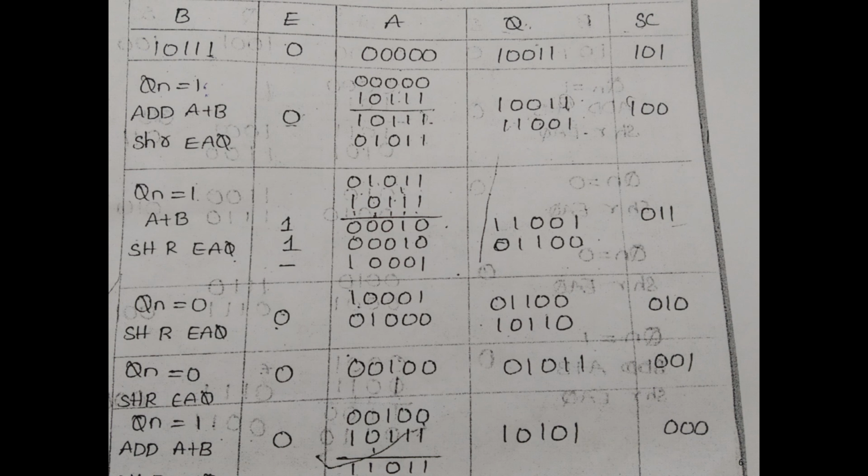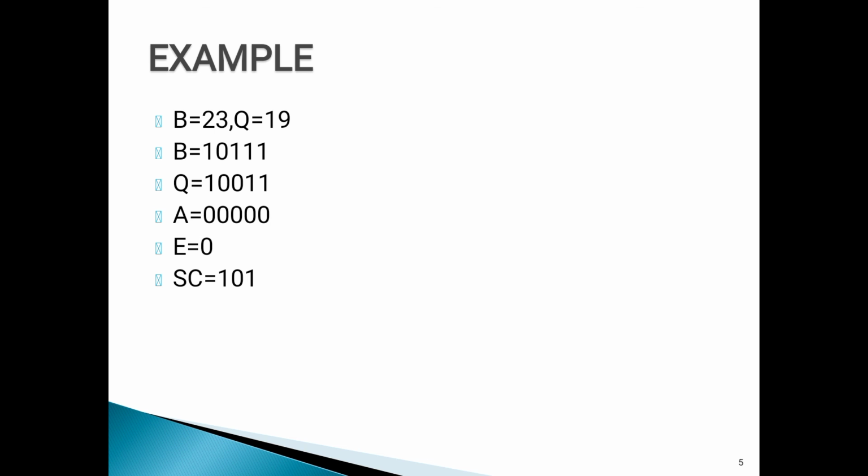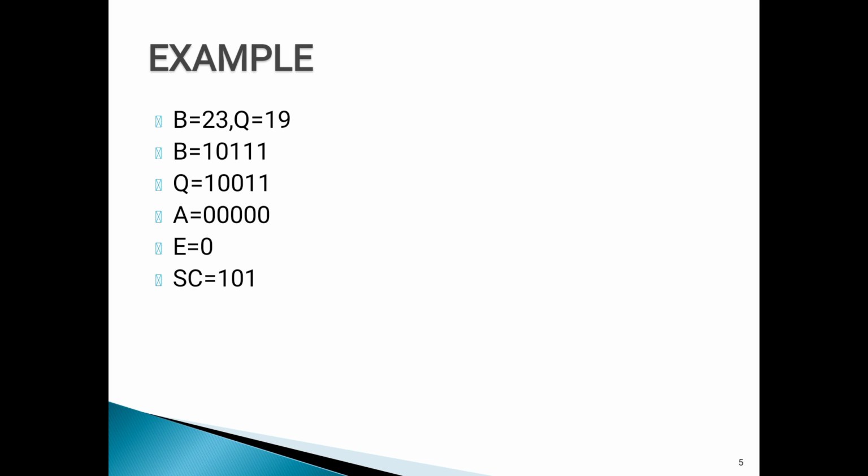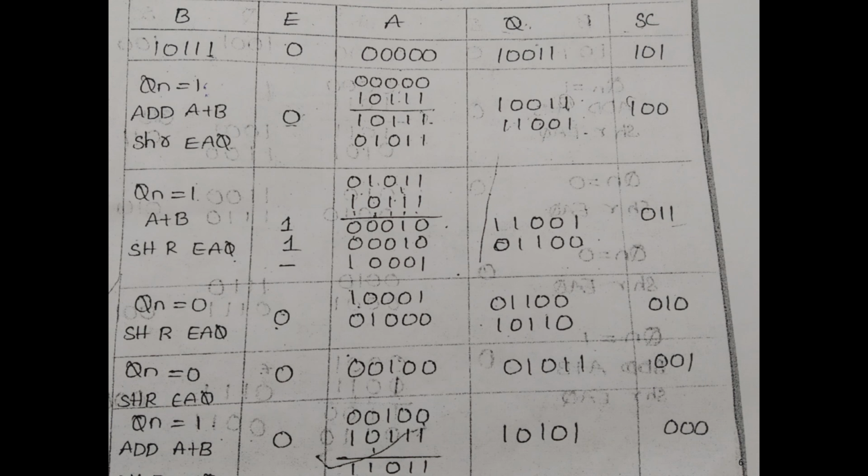After performing the shift right operation, according to this flow chart, what will you do? Decrement the sequence counter. What is the previous sequence counter? That is 5. After decrementing the sequence counter, what is the value? 4. Write the 4.